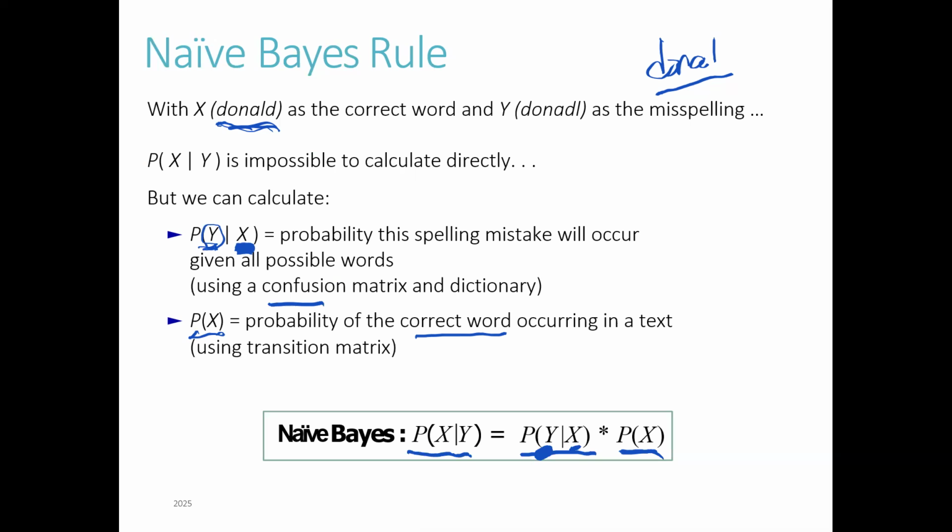So just real quickly here, you can see why probabilities get to be called weights sometimes, because when you put them together in this multiplication, for example, it might be that the probability over here of inserting a D, given Donal is the correct one, right? That's what we're assuming, is the same as the probability of transposing D and L, when we assume that Donald is the correct one. But, and I'm sure this is true, if Donald is a much more common name that occurs in English text, it's going to weight, right?